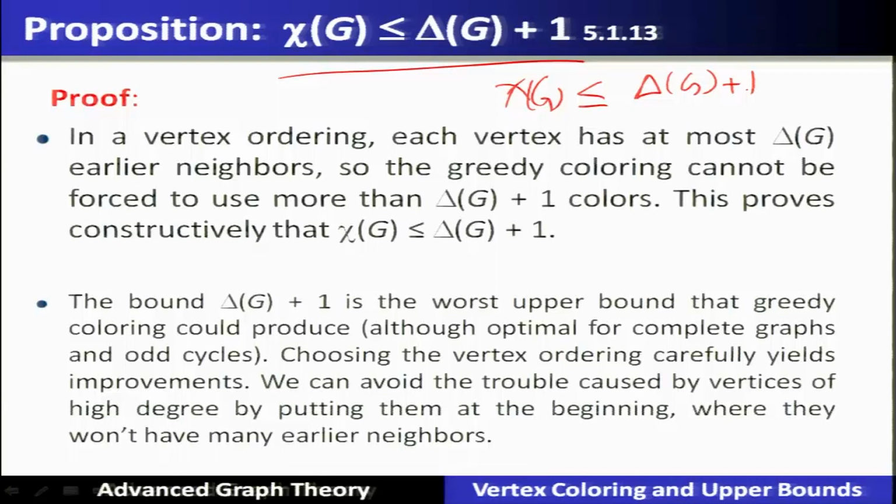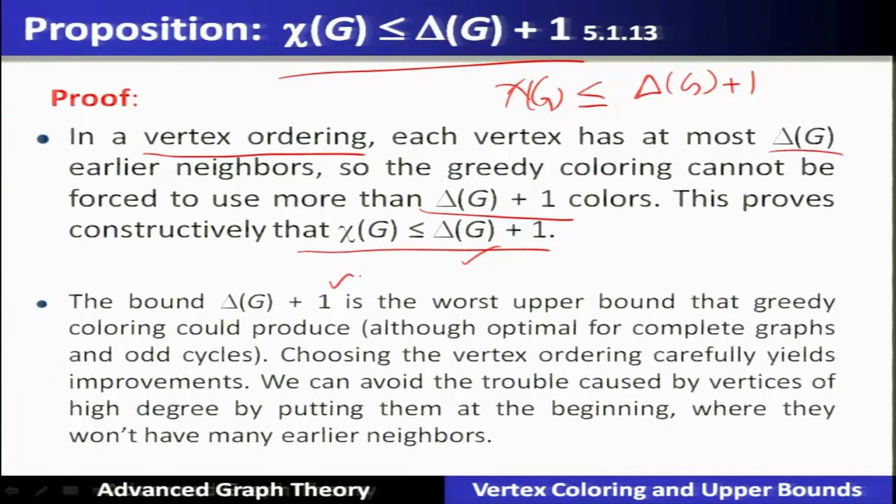Proof says that for a relative vertex ordering, each vertex has at most maximum degree earlier neighbors. So, the greedy coloring cannot be forced to use more than maximum degree plus 1 number of colors. Hence, this proves constructively that the chromatic number of a graph is at most the maximum degree of a graph plus 1.